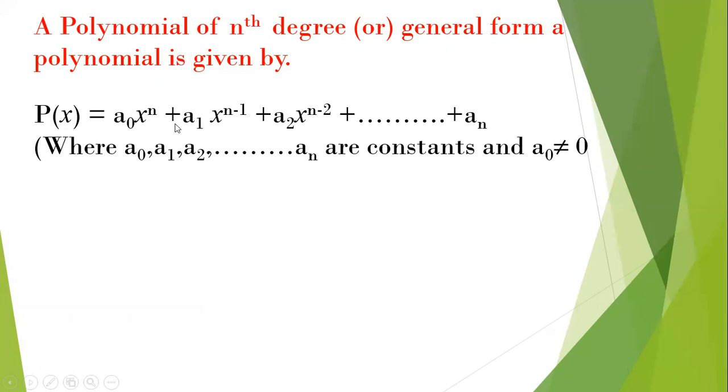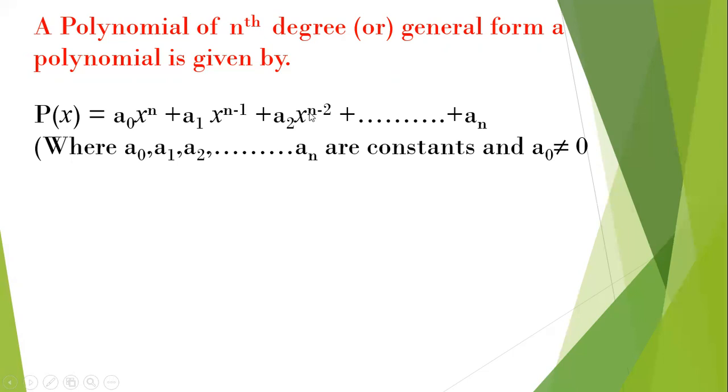Next a1. a0, a1, a2 are constants. So whatever you write, if it is 1, 2 or whatever it may be, there are some constants. If we write the quadratic polynomial, the first term will be x square and the second term will be, in the n minus 1, that is 2 minus 1, the x term will become here.